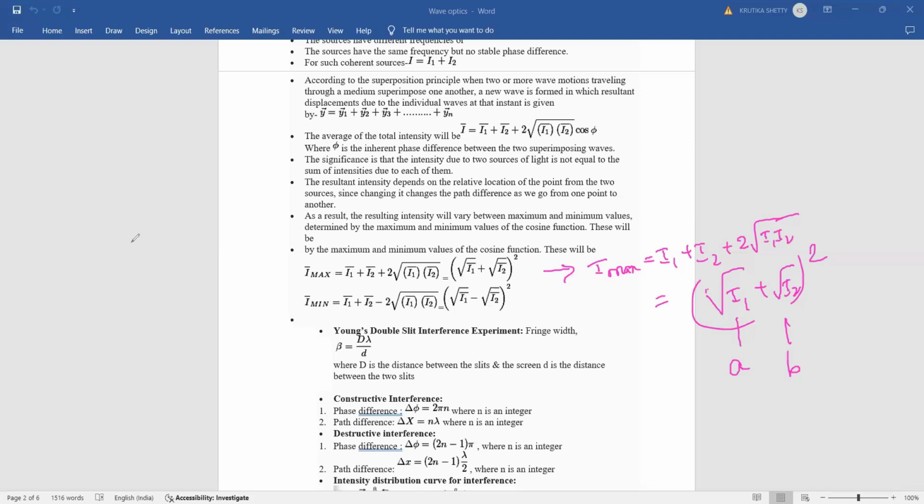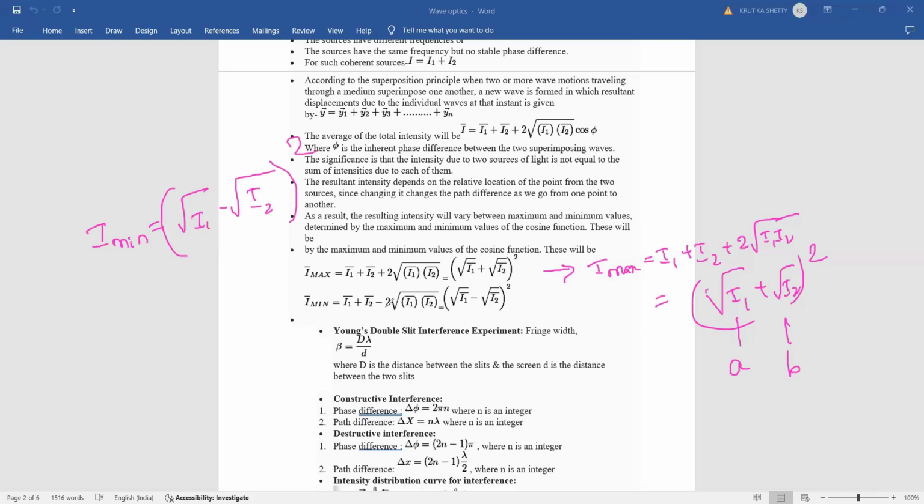After superimposing, if you are getting the minimum intensity, it is given by (root of I1 minus root of I2) whole square. If you split it, it is like (a minus b) whole square, which is a square plus b square minus 2ab.